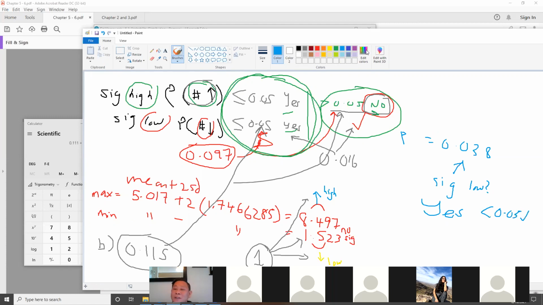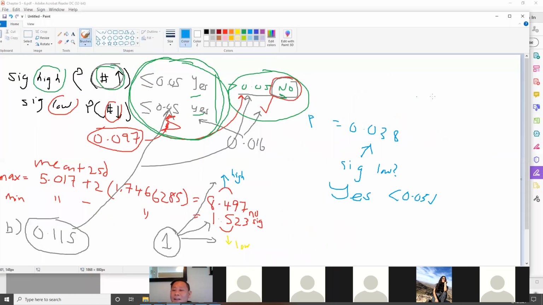This is what I want you to do in the test. Now I give you another one, 0.087. Is this significantly high? No, because it's more than 0.05, more than 5%. Yes, that is correct.